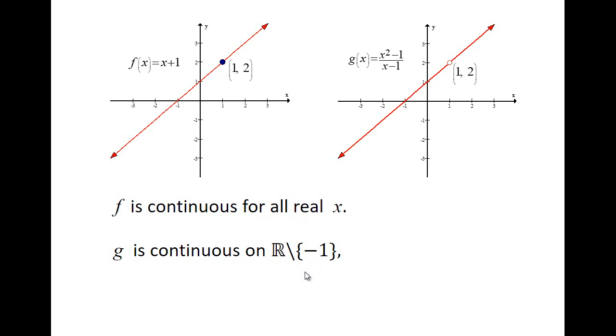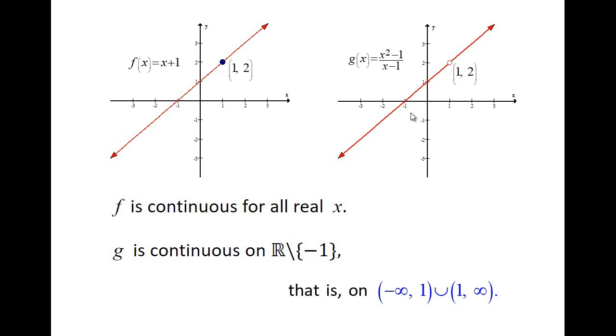This is a set minus, that is, from the set of all real numbers we get rid of negative 1. So g is continuous at all points except at 1. So it's continuous on R minus the set with the single point negative 1. f is continuous everywhere. So f is actually continuous on the set of all real numbers R.